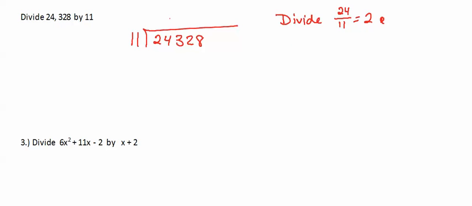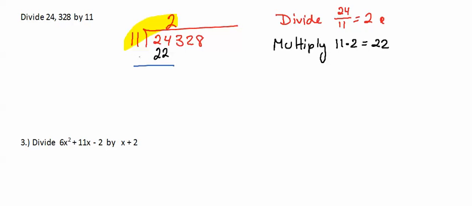So we put the 2 up here, and after that you're going to multiply. You multiply the 11 times 2, and that gives you 22. You put the 22 underneath the 24. And then finally you're going to subtract, and you get 2.